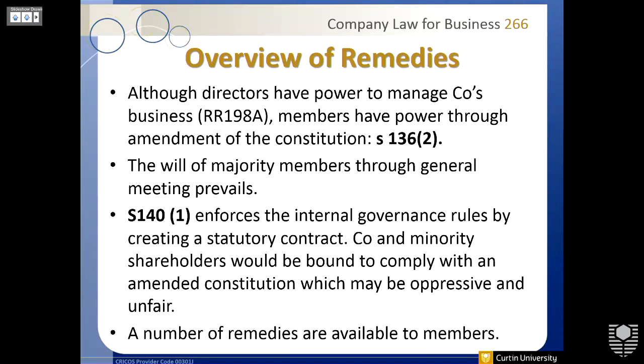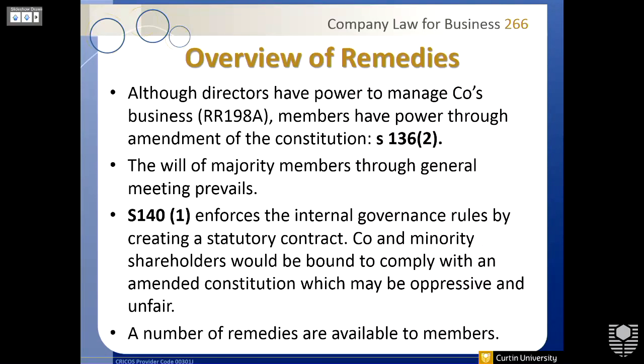Okay? Now, the will of the majority members through the general meeting will be deemed to prevail. And we also know Section 140 sub 1 tells us that the Constitution is a statutory contract between the member and the company, between the director and the company, between a member and another member.